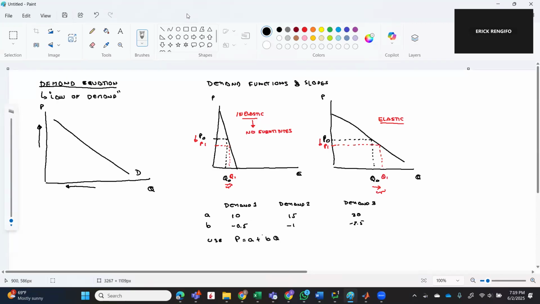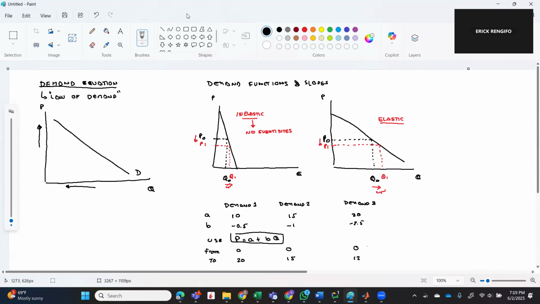And let's start modeling Q. Okay, so Q is going to be from 0. I will explain in a minute. Let's do this from 0 to 20 for demand 1, 0 to 15 for demand 2, and 0 to 12 for demand 3.